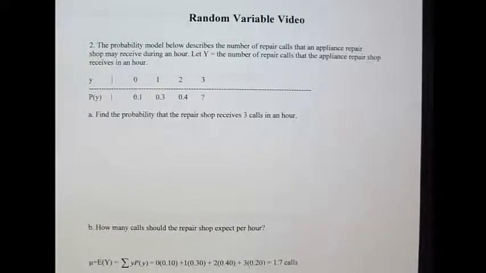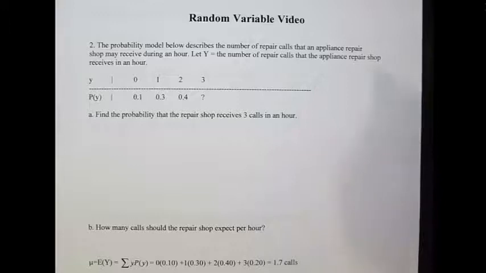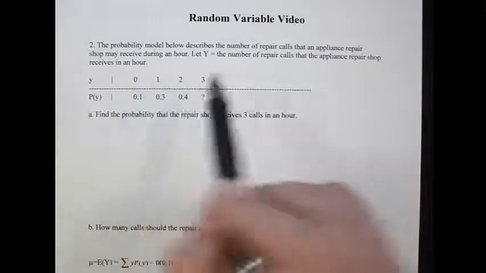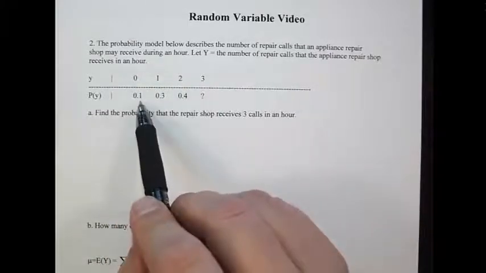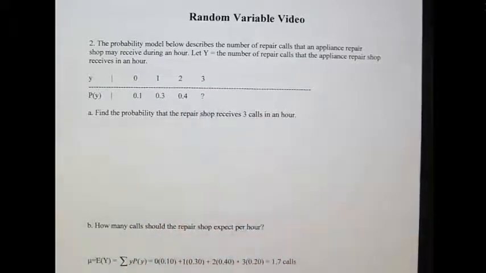So the probability model below describes the number of repair calls that an appliance repair shop may receive during an hour. Let y equal the number of repair calls that the appliance repair shop receives in an hour. And we see that we have 0, 1, 2, or 3 calls with probabilities 10%, 30%, 40%, or unknown percentage.